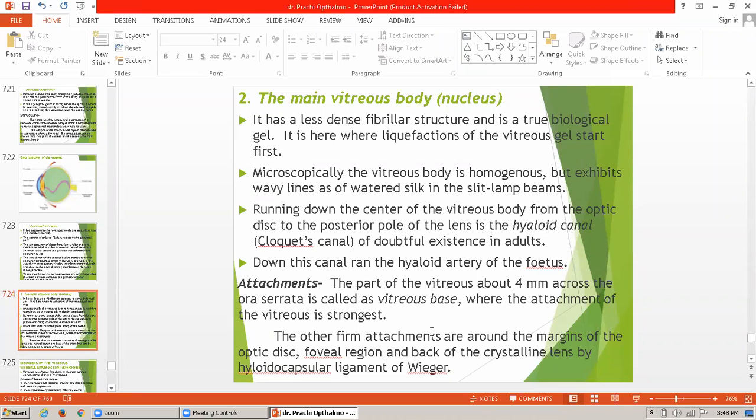So the vitreous base is the part of the vitreous, 4 mm across the ora serrata, where the attachment of the vitreous is strong. The other firm attachments are around the margin of the optic disc, the foveal region, and the back of the crystalline lens by the hyalocapsular ligament of Wieger.